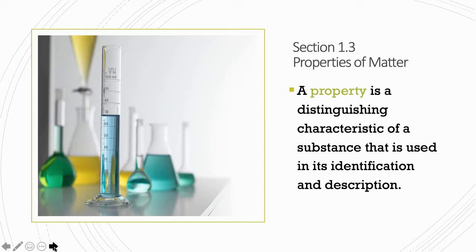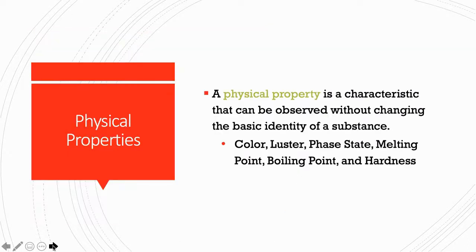Okay. And there are 2 types of properties we're going to be talking about. We're going to talk about physical properties and we're going to talk about chemical properties. So we're going to talk about physical versus chemical properties here. Let's start with physical properties.